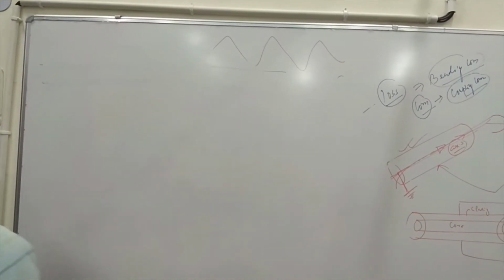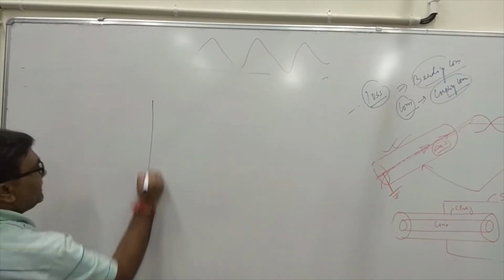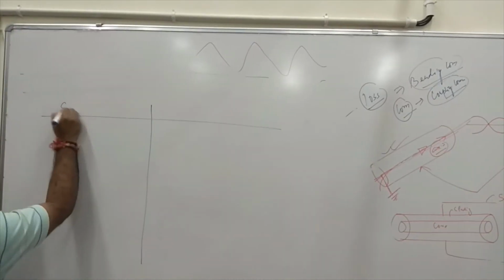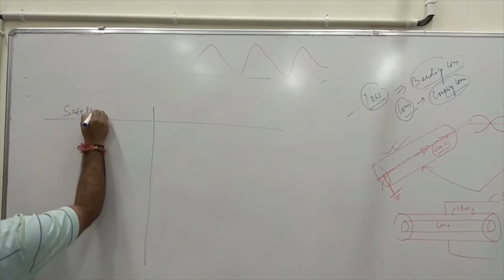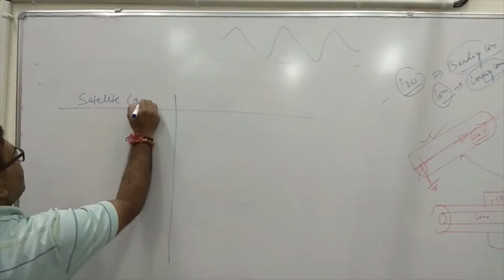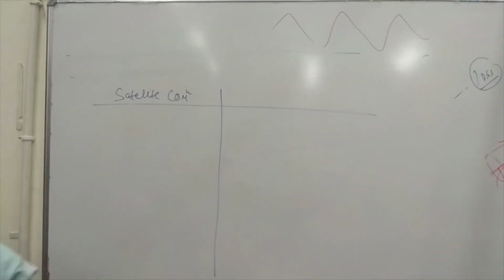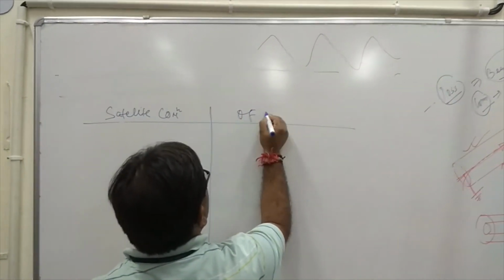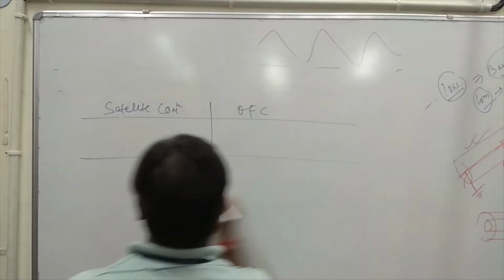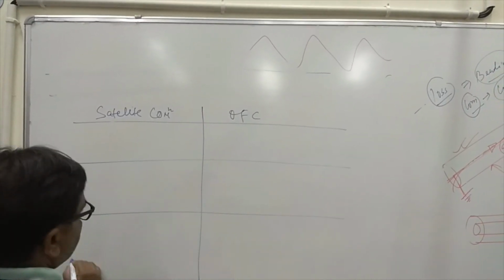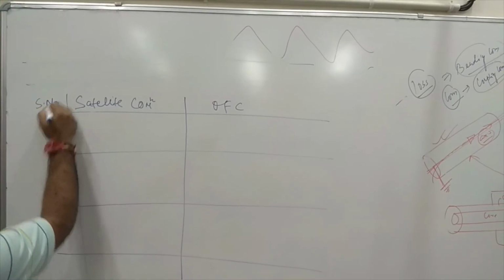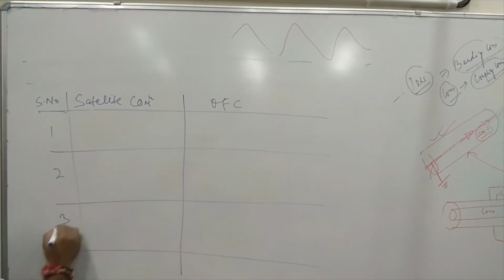Here, write down satellite communications, and the second one is optical fiber communication, OFC. Serial numbers 1, 2, 3.